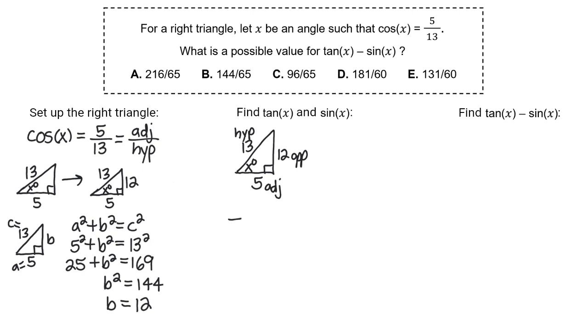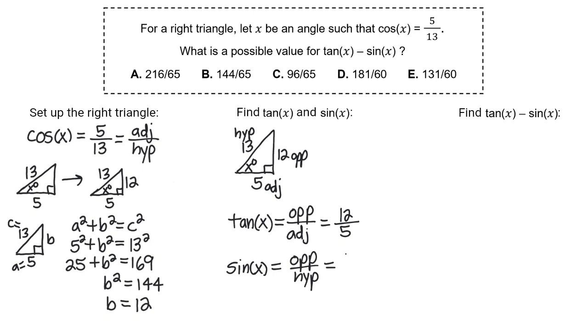So now tangent, using SOHCAHTOA, is opposite over adjacent. That's going to give us 12 over 5. And then sine of x is opposite over hypotenuse, and that will give us 12 over 13.